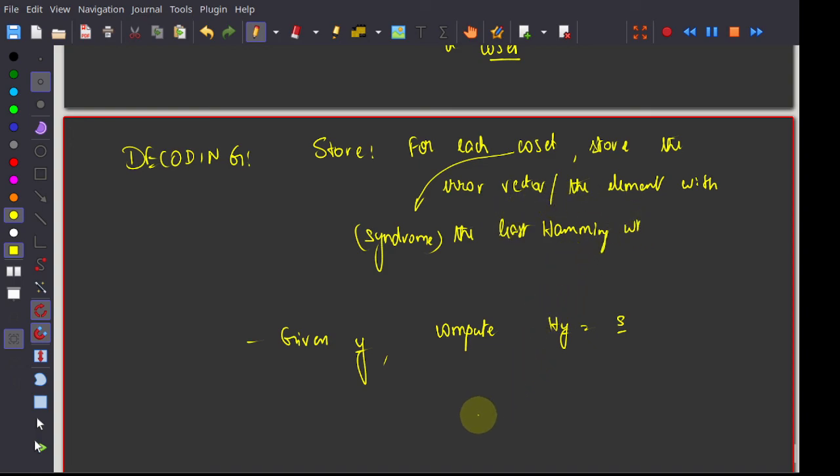You subtract the error vector. So corresponding to each syndrome, you have an error vector. Subtract the error vector corresponding to that syndrome, and that gives you your estimate.